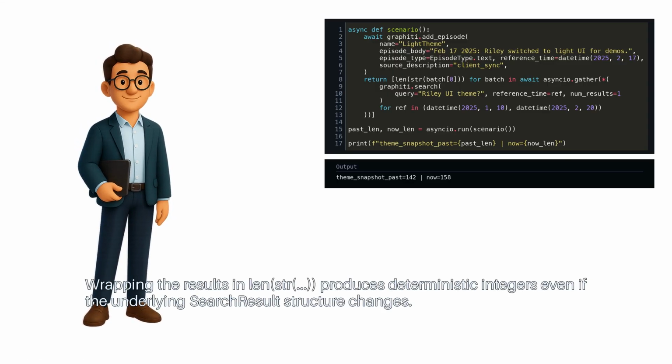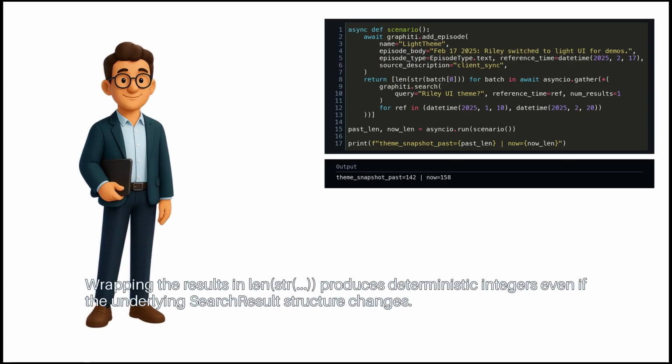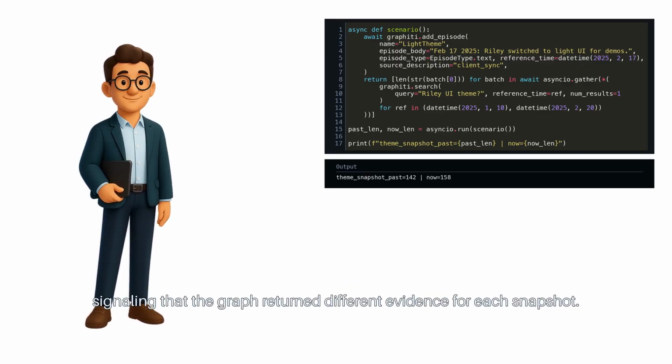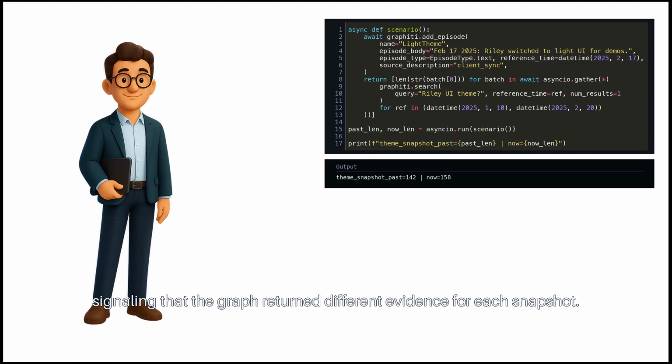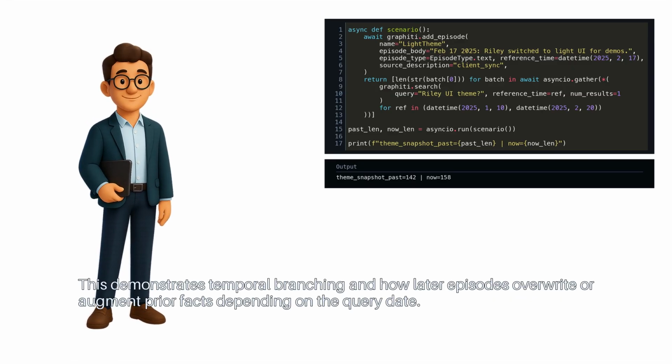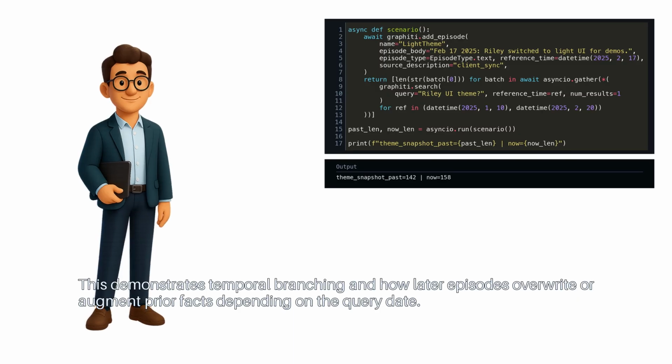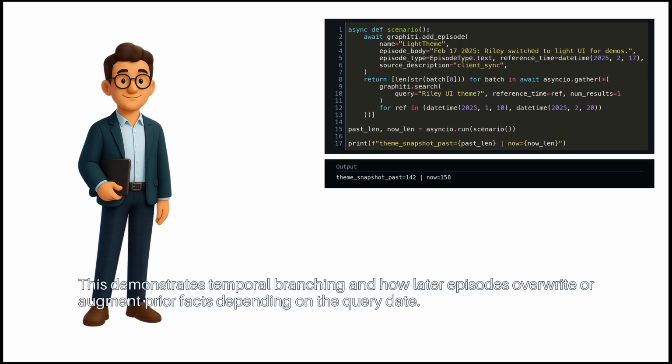Wrapping the results in len produces deterministic integers, even if the underlying search result structure changes. The printed theme snapshot past and now values show distinct payload sizes, signaling that the graph returned different evidence for each snapshot. This demonstrates temporal branching and how later episodes overwrite or augment prior facts, depending on the query date.